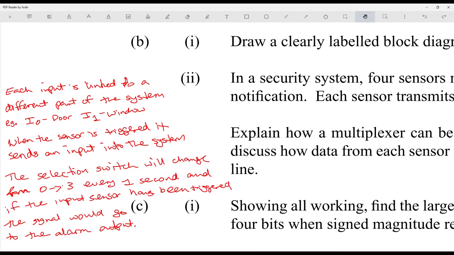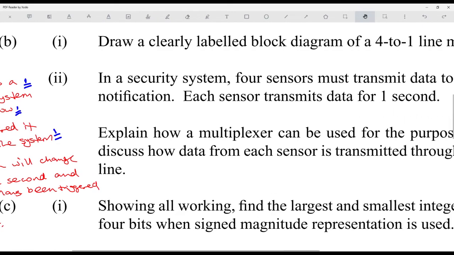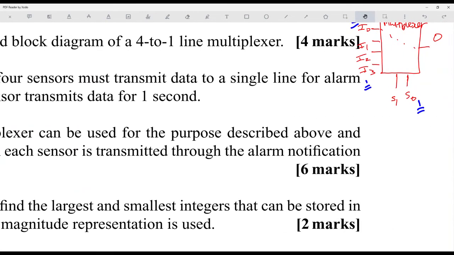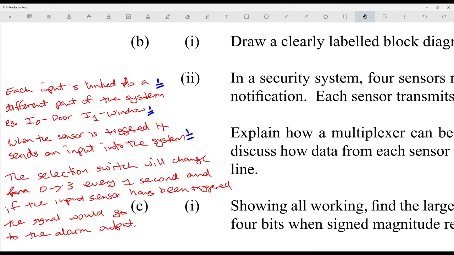So where would 6 marks be inside here? Well, clearly they're checking to see if you understand how a multiplexer works. And how the multiplexer works is that each input will be linked to a different part of the system. That's 1 mark. Showing that each input will be linked, input 1 and 2, I would say that's 1 mark there also. Then you would say when the sensor is triggered, it sends an input into the system. Cool. And now we have to show how the multiplexer is going to be used to transmit the signal now.